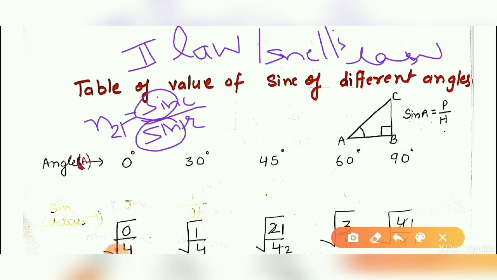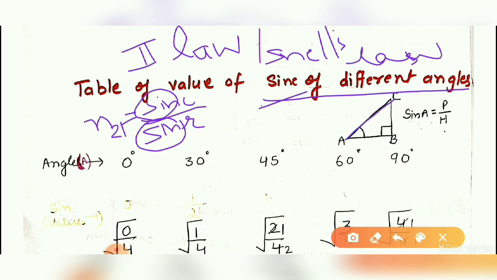This is basically the concept of trigonometric ratios, which you will study this year only, in class 10, in the trigonometry chapter of mathematics. Basic idea I am giving you here of how to find the value of sine of different angles. First, let us understand what is sine.